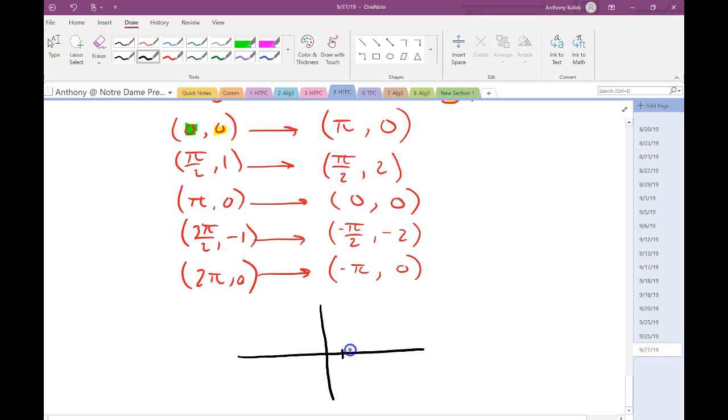If I graph this, I have pi, 0, pi over 2, 2, 0, 0, negative pi over 2, negative 2, negative pi, 0. So when I draw my graph, it's going to look like this.